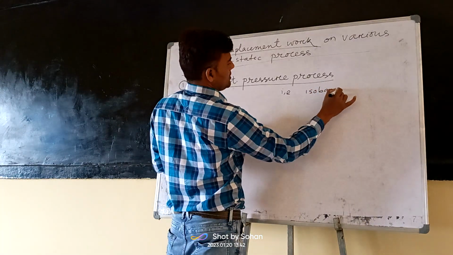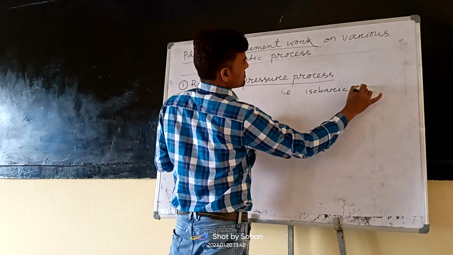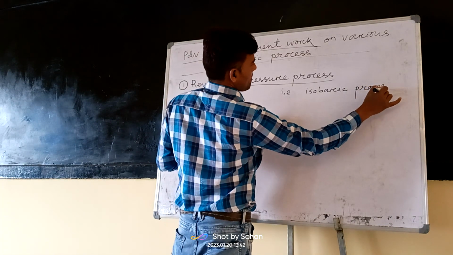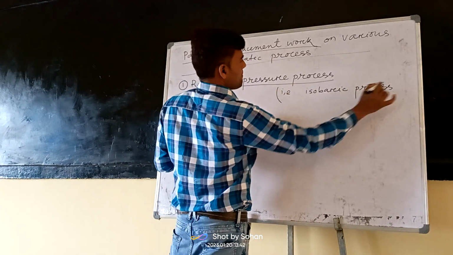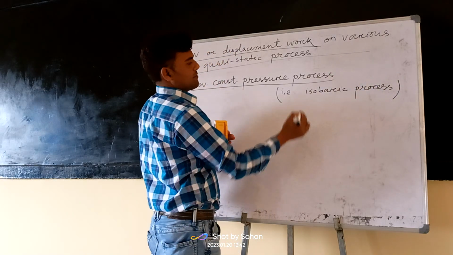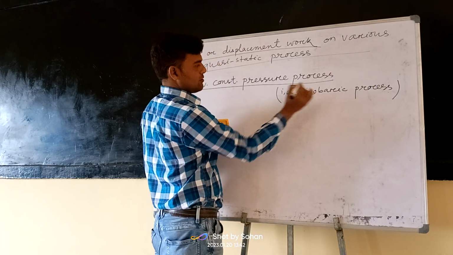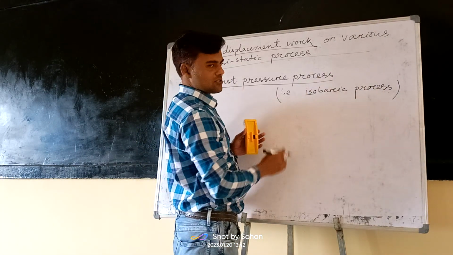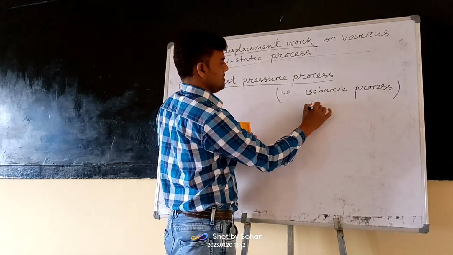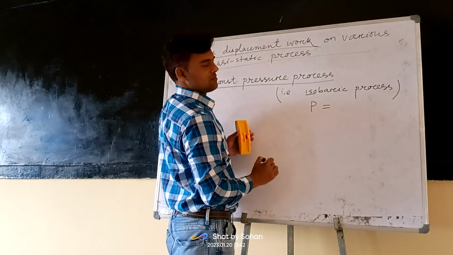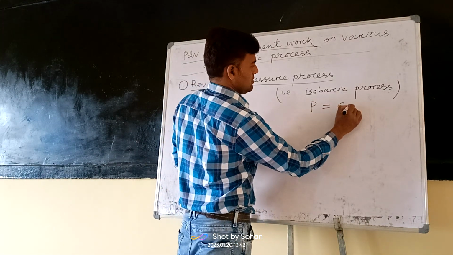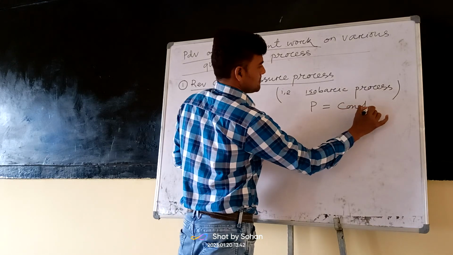It is also called the isobaric process. The prefix iso means equal, baric means pressure. That means pressure equal to constant.